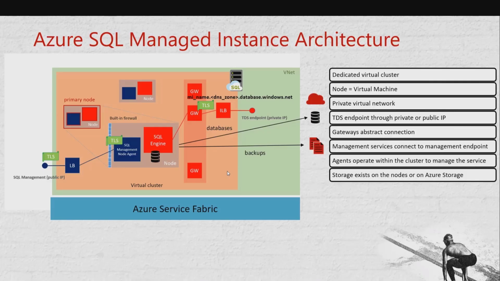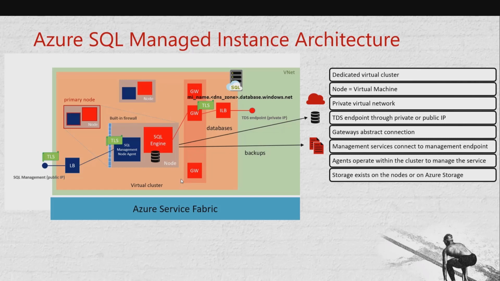So architecture, here's just a picture. You can see that we care so much about security. We give you a dedicated virtual cluster. You can see here you get a primary node, just a primary node on general purpose, and on business critical you'll get 4 nodes, 1 primary and 3 secondary. 2 of them totally invisible, and the 4th one is a readable replica. You can connect through the TDS endpoint, through the private IP, through the internal load balancer.